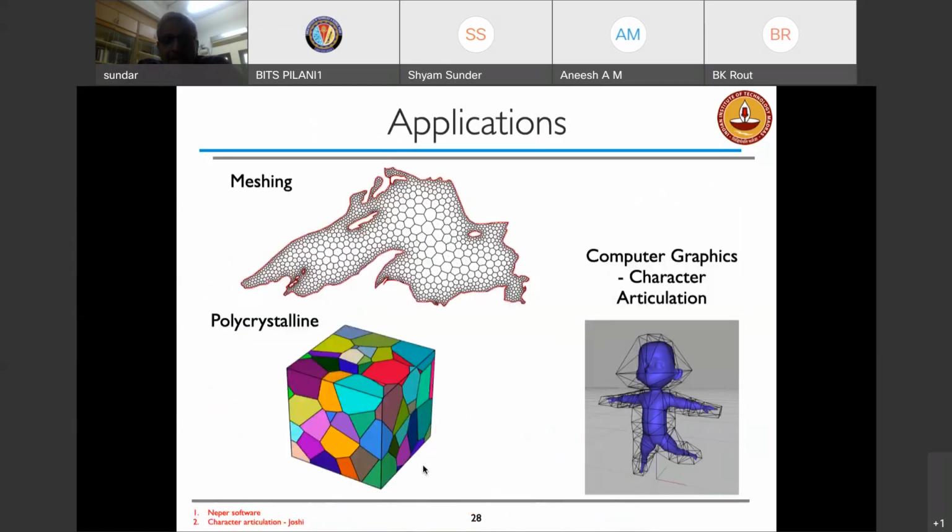As for applications of these polygonal elements, it's really easy to discretize the domain into polygons as opposed to triangles or quadrilaterals. One of the hypotheses is that if I want to analyze a polycrystalline material, typically what we do is take each of these grains, where all these colored regions could represent a grain, and these grains are further divided into smaller triangles.